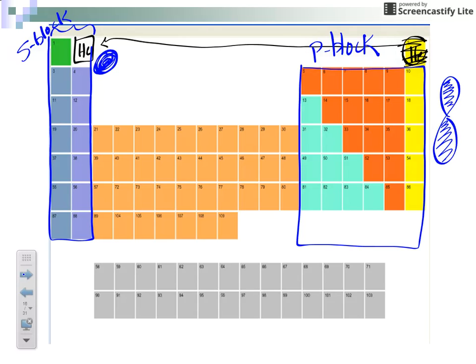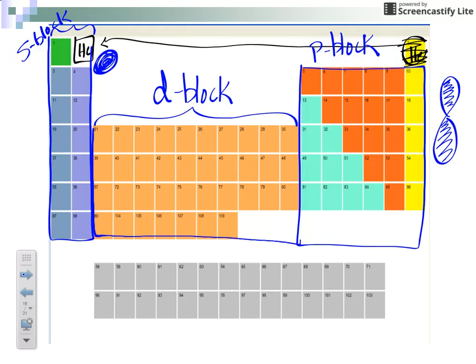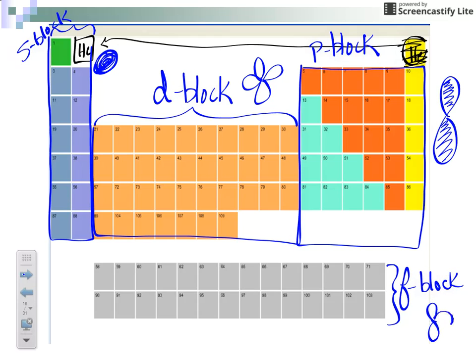Then we have our D block. Our transition metals are the D block. All the elements in this region live in a double peanut-shaped house. And down here, these are the F block, the lanthanides and actinides. All the elements here are the ones living in the fancy, flower-shaped houses. So S, P, D, and F.